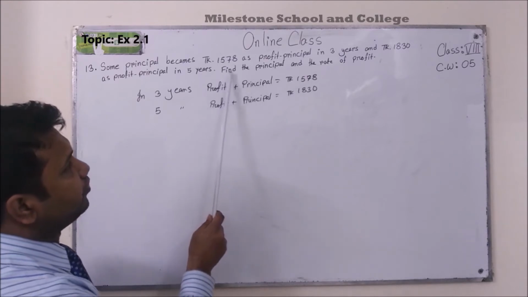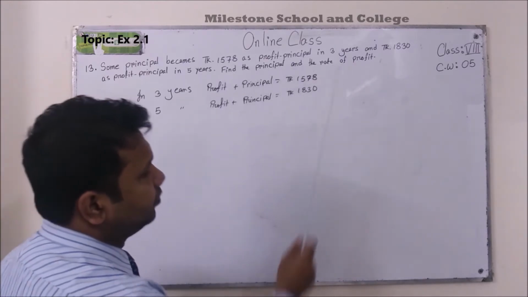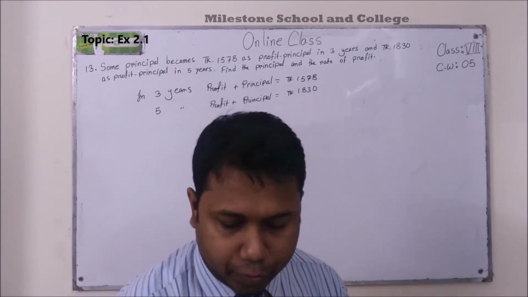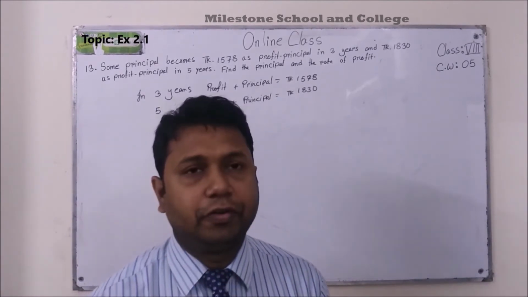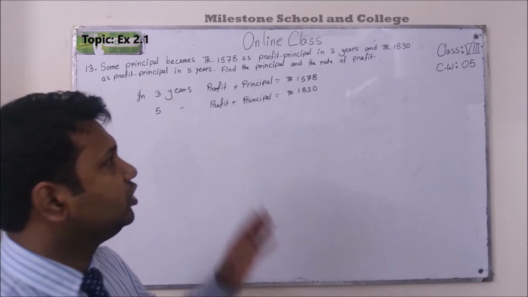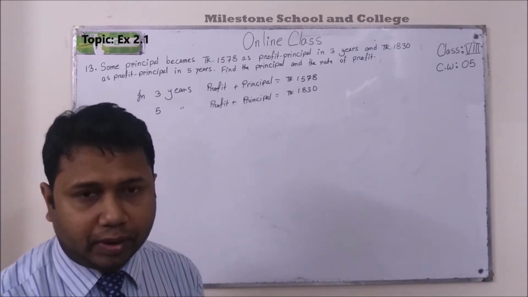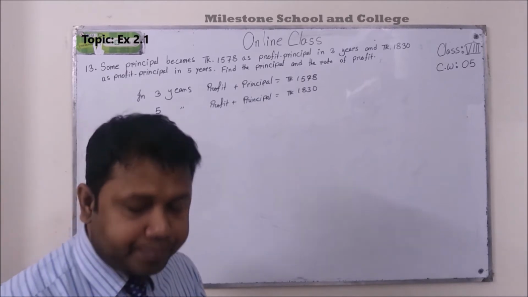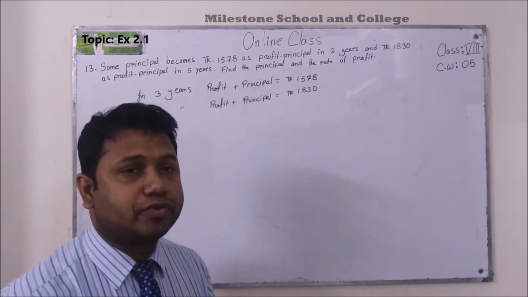The question asks us to find the principal and the rate of profit. This is a very important question in your book. Before we solve it, we have to understand what the question is actually giving us and how we are going to solve it.